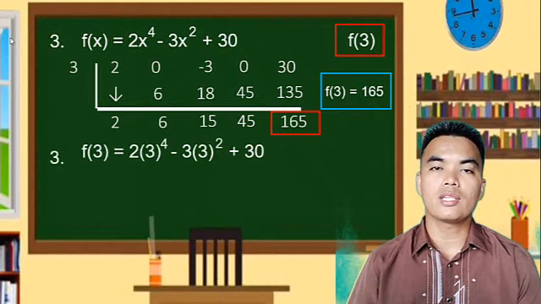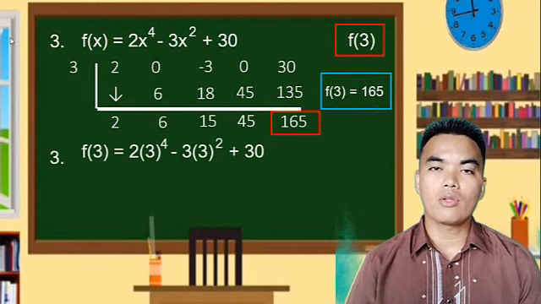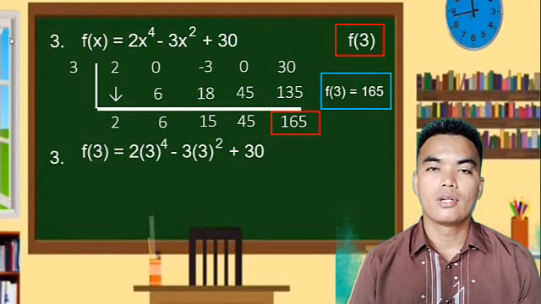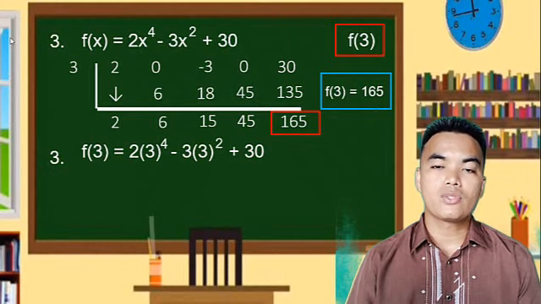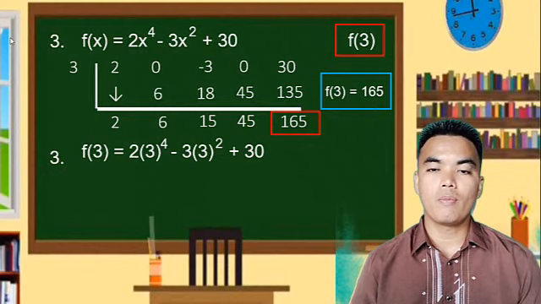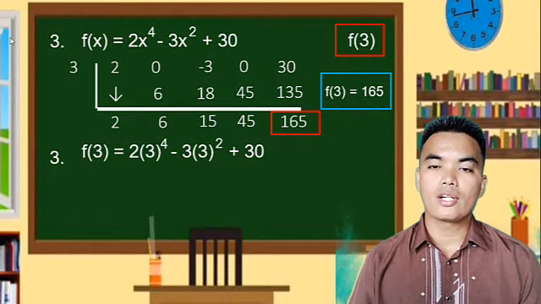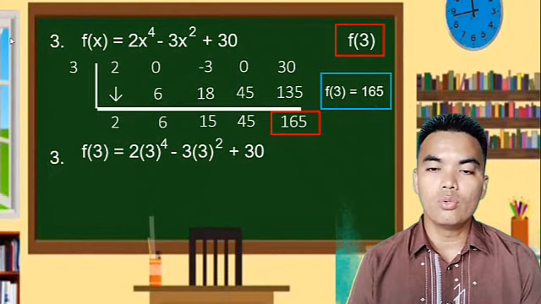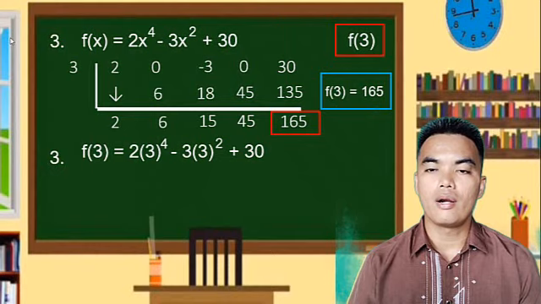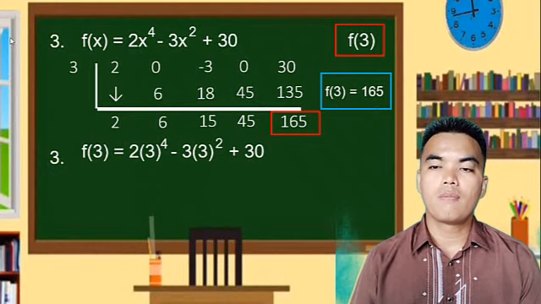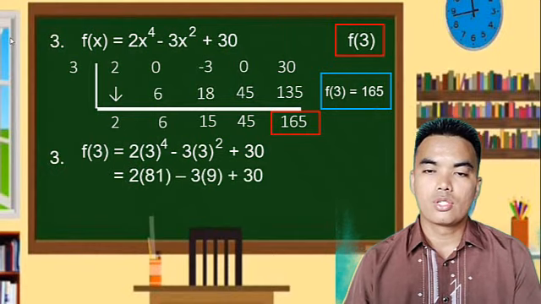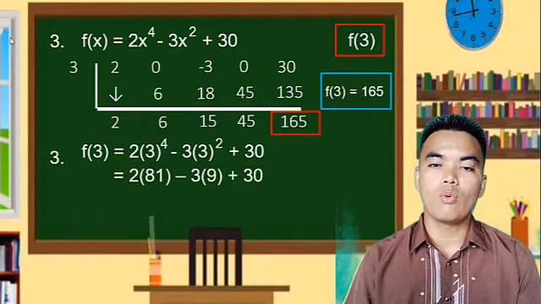Now we will use the remainder theorem to find out if we arrive at the same answer. We have f of 3 is equal to 2 times 3 raised to 4 minus 3 times 3 raised to 2 plus 30, substituting the value of 3 for x. 3 raised to 4 is 81.